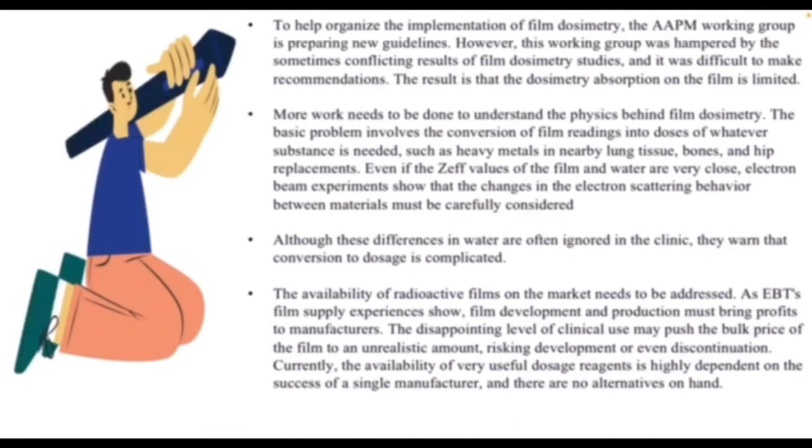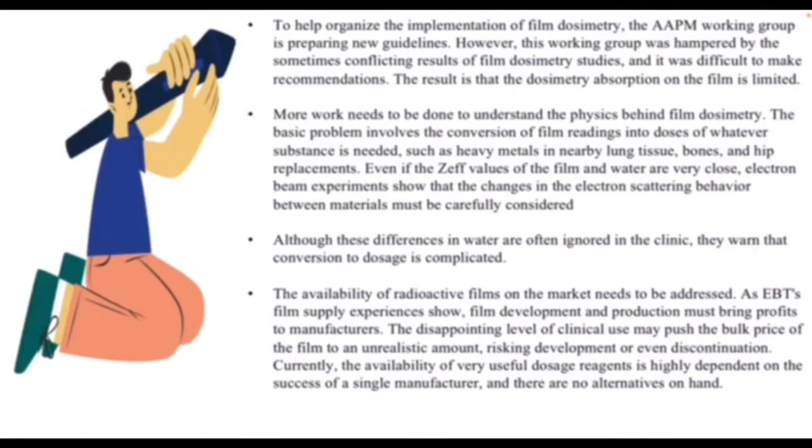Even if the Z effective values of the film and water are very close, electron beam experiments show that the change in electron scattering behavior between materials must be clearly considered. Also, these differences in water are often ignored in the clinic. They warn that the conversion to dose is complicated.